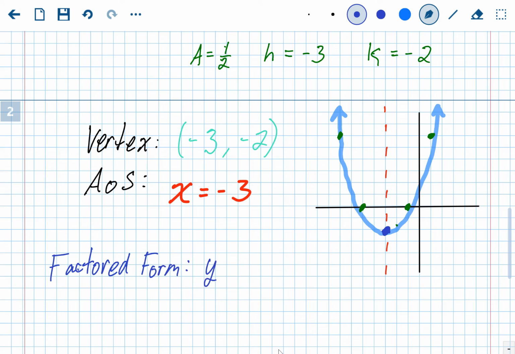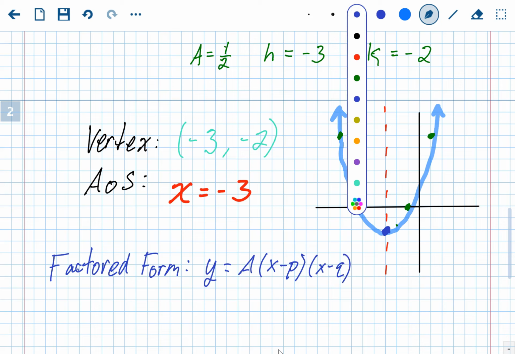Remember, factored form is y, or f of x, equals a times (x minus p) times (x minus q), where p and q are the x-intercepts, and we know the x-intercepts. We just found them, by chance, really.